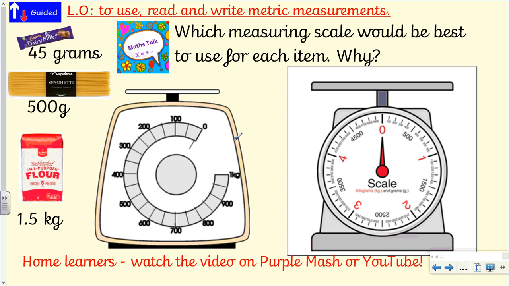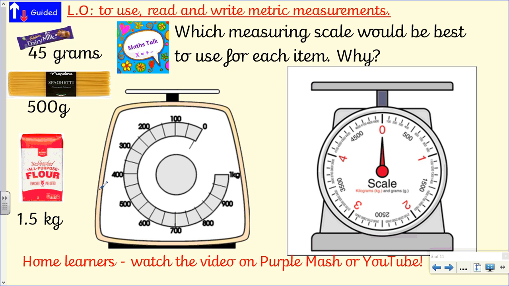Mine can change between grams and kilograms and millilitres and litres, and it will do the old-fashioned pounds and ounces, etc. My mum and my sister still have these things, but I've upgraded myself. Anyway, you might not have scales like this at home, is what I'm trying to explain. So dairy milk weighs 45 grams.